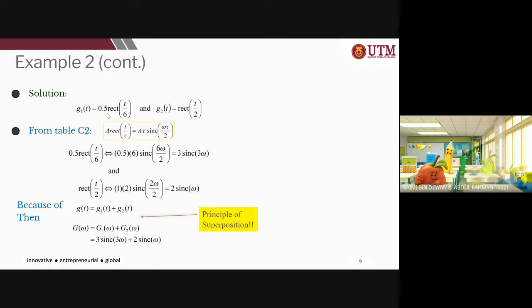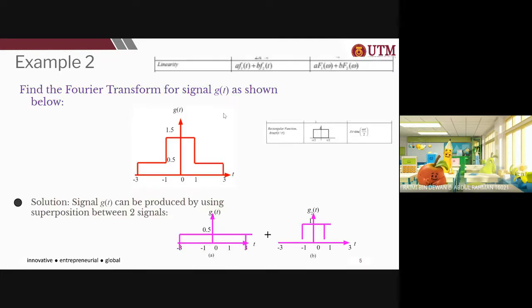You see that g1 is rect(t/tau). Here tau over 2 is equal to 3, that's why your tau is equal to 6.